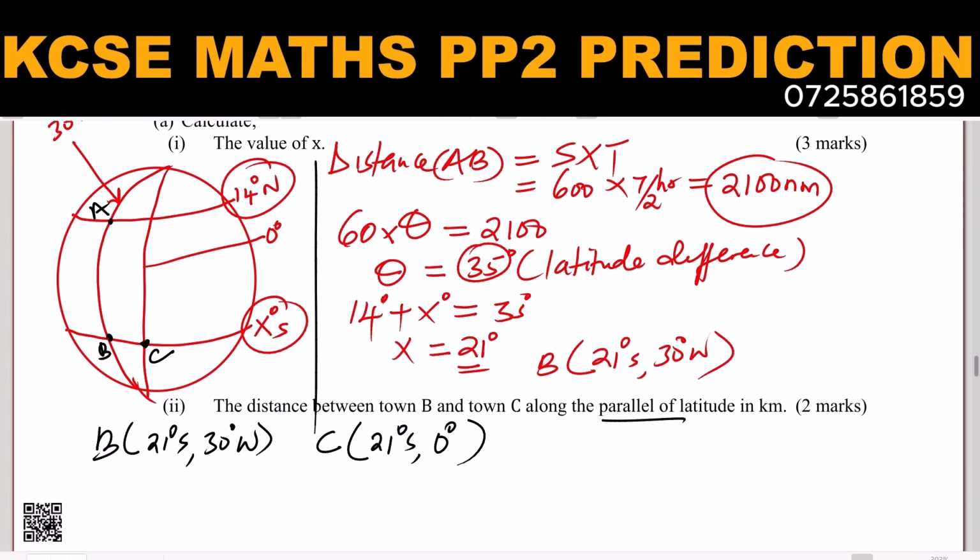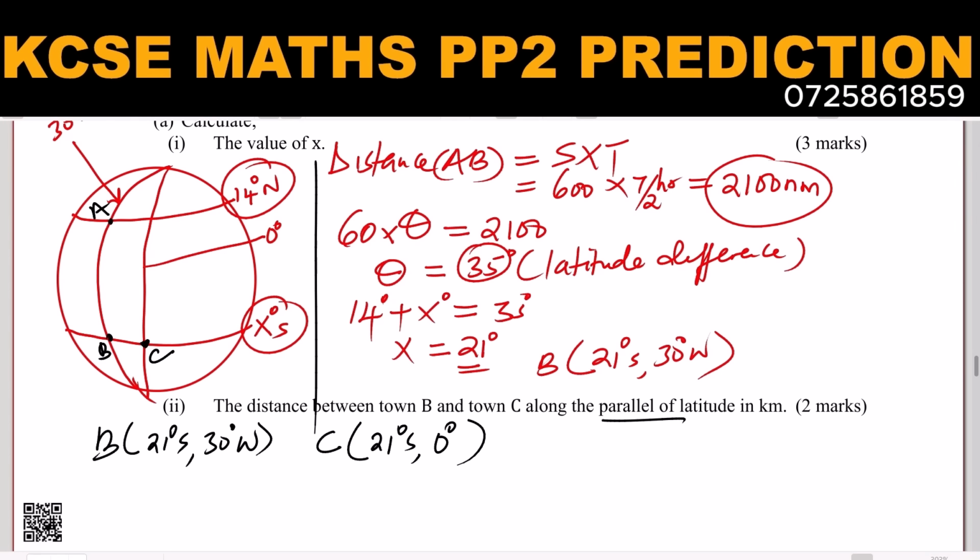So you can see these places are on different latitudes and different longitudes. So if you would draw a sketch of this position, just a rough sketch, which I think will help you. If you draw it like this, from C is 21 degrees south.